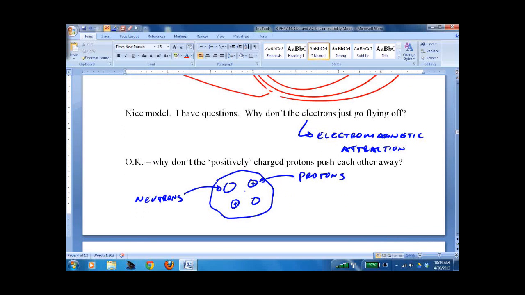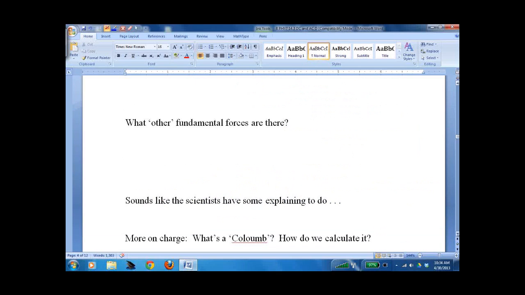Because this is an incredibly strong charge. They do not want to be together. Well, I believe scientists couldn't explain this, so they call it a strong nuclear force in the nucleus. So yeah, there's some really strong force that keeps them together. And they really don't know anything about it. They'll say they do and stuff like that, but just remember they're lying through their teeth.